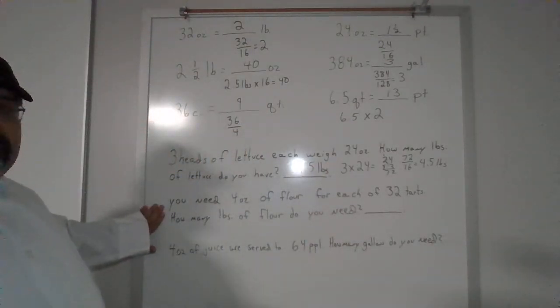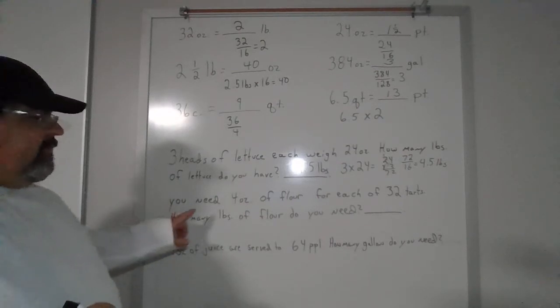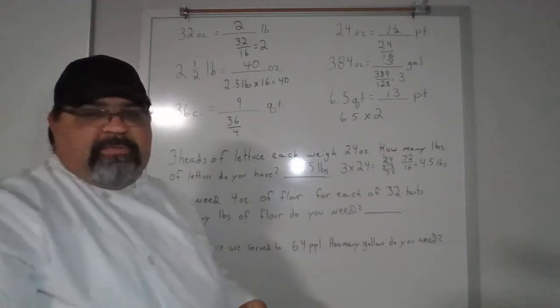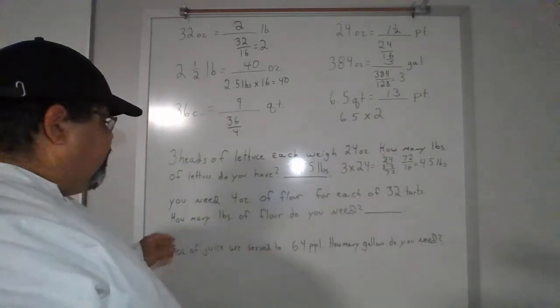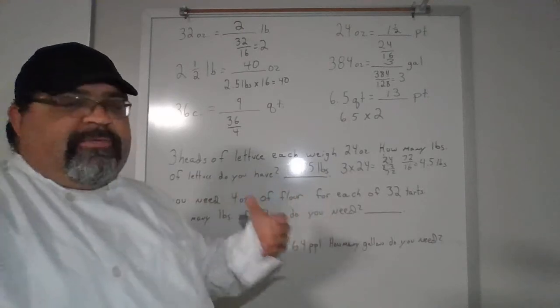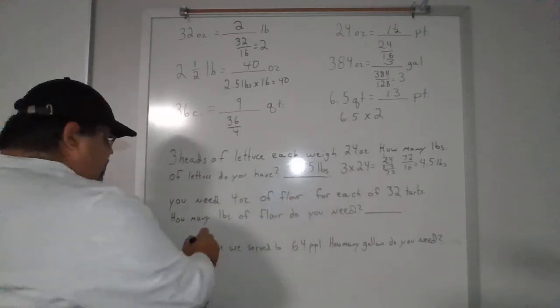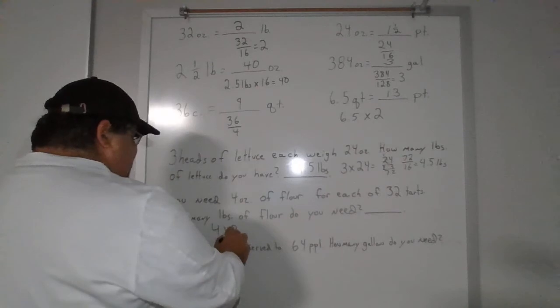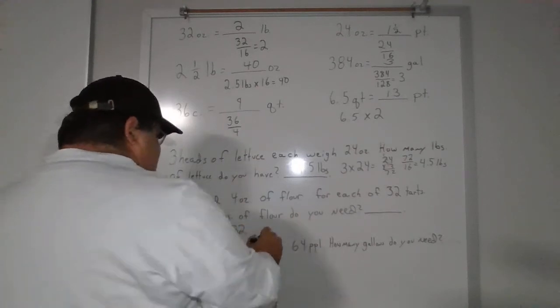The next one: you need 4 ounces of flour for each of 32 tarts. This is a baking issue. So we're going to multiply 4 times 32.